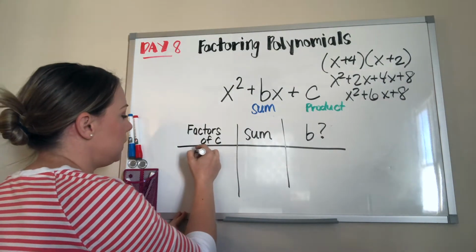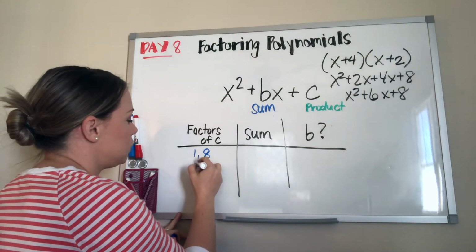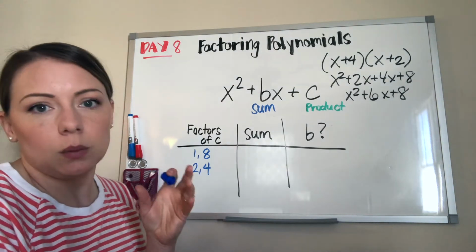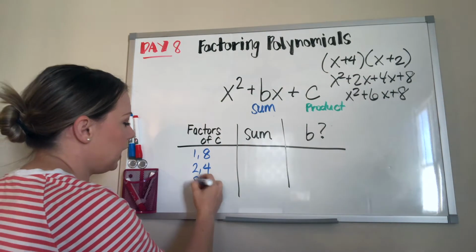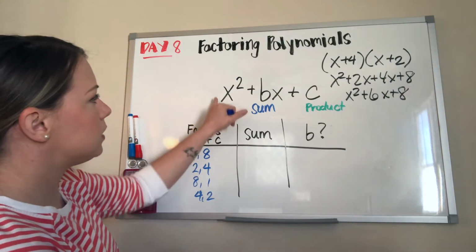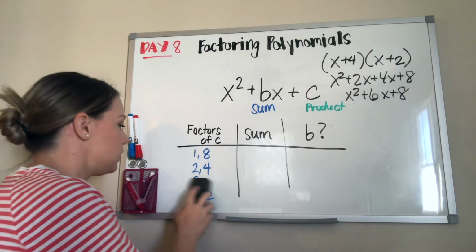So that could be 1 and 8, that could be 2 and 4, and then if I really wanted to get fancy with it, I could start transposing them, meaning I could say 8 and 1, 4 and 2, but again, in this case, because I don't have an A here, that's not very relevant.